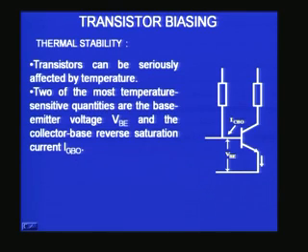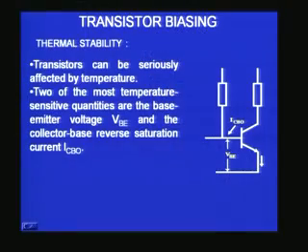If I increase the temperature, because of intrinsic conductivity, more bonds will be broken in the semiconductor, due to which more minority carriers as well as majority carriers will be generated, but the majority carriers are very large in number. The addition due to temperature is very insignificant in the majority carriers, but in the minority carriers this addition due to temperature can be a very significant component, and therefore this increase in ICBO can create problems for us with reference to the biasing scheme.